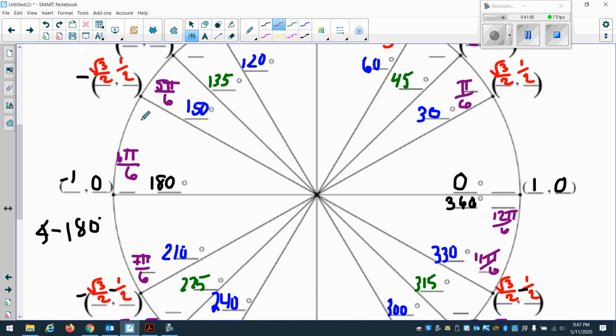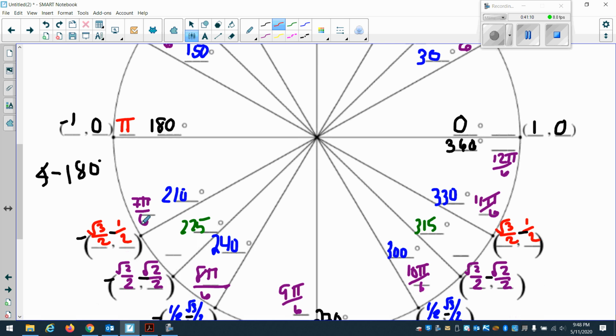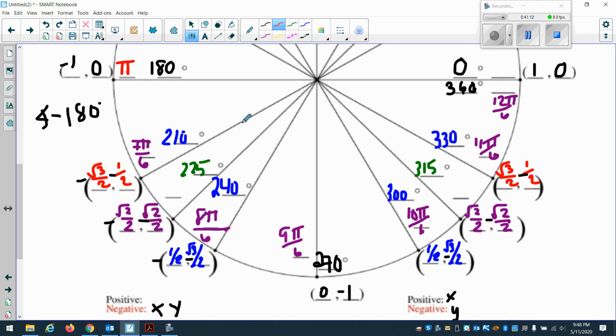Okay, 5 pi over 6 stays as is. 6 pi over 6 reduces to pi, which all of you should know. 7 pi over 6 stays as is. 8 pi over 6 reduces to 4 pi over 3. 9 pi over 6 reduces to 3 pi over 2.